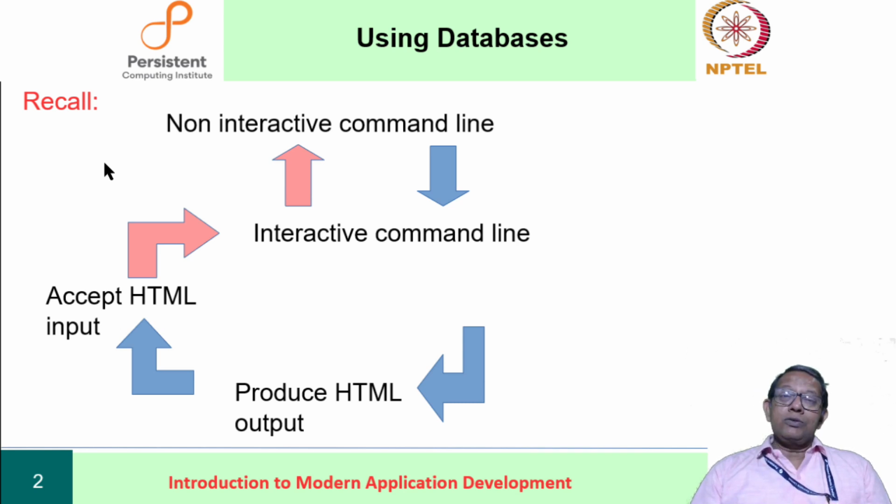We then went on to create a command line, but an interactive version of our program. Oh, but before that, when we had a completely non-interactive command line version of our program, we required some mechanism to remember what the previous invocations of the program had done so far.